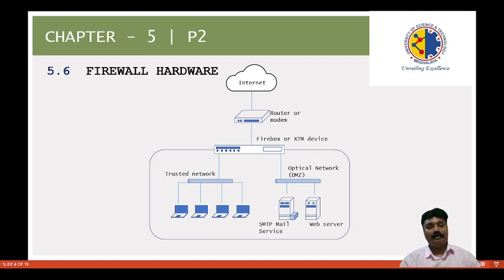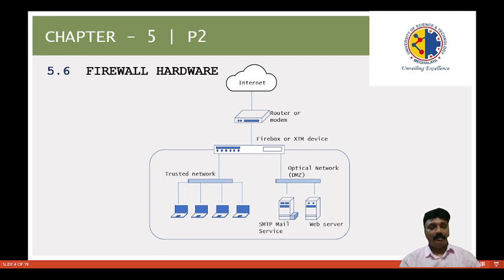This firewall hardware device monitors the incoming data from the internet, and it will identify the malicious or unwanted traffic or relevant information which is necessary to the local area network or which is necessary to the system.